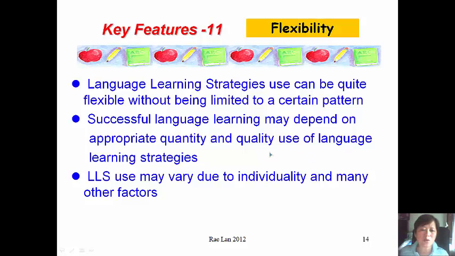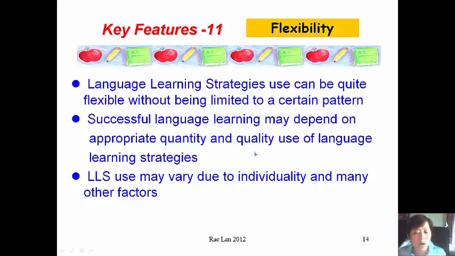In other words, language learning strategy use can be quite flexible without being limited to a certain pattern. And then we also believe that successful language learning may depend on appropriate quantity and quality use of language learning strategies. Now, quantity here means how many strategies you use. According to research, we have found that more successful language learners apply more language learning strategies.